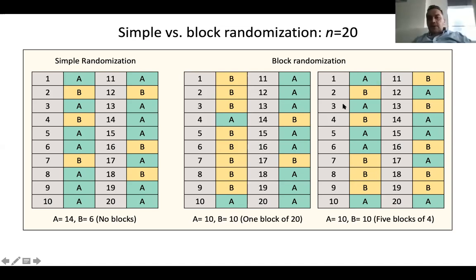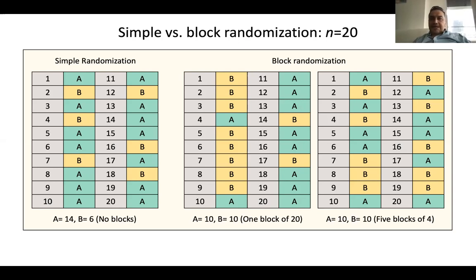Yes, so the block size has to be a multiple of the number of groups, right? So if you have three arms, you have to choose either a block of 3, or a block of 6, or 9, or 12. If you have two arms in your study, you have to choose a block of 2, 4, 6, 8, and so forth.